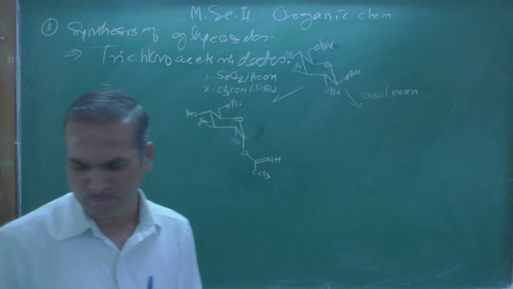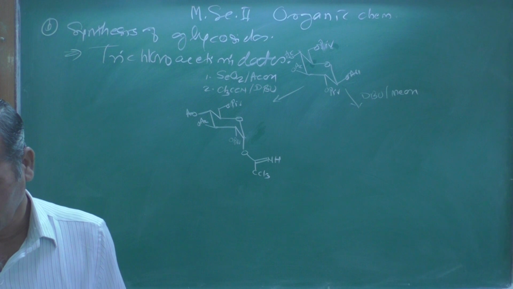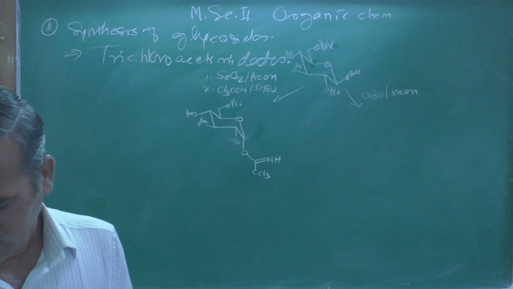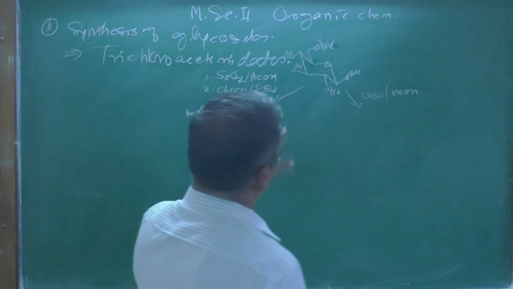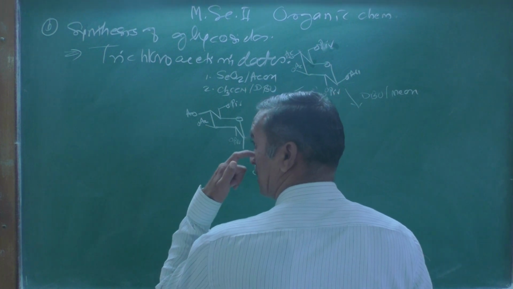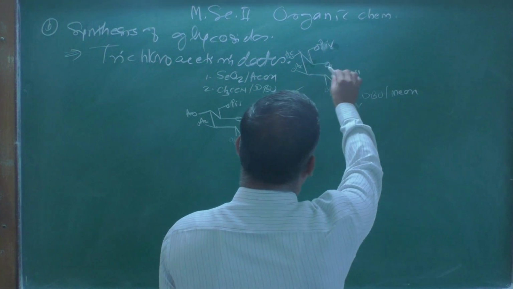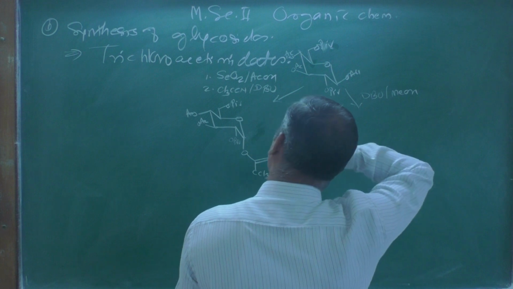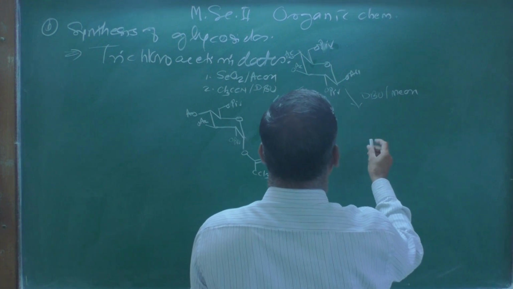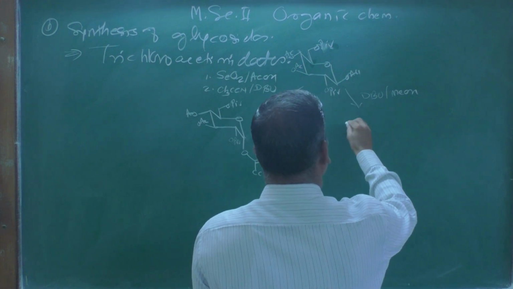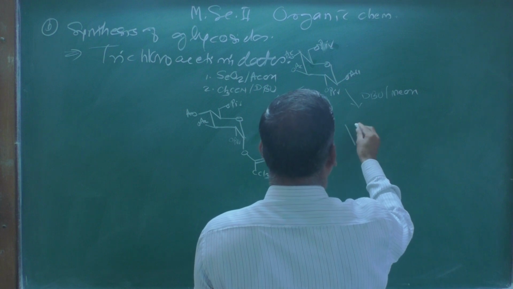The resulting compound obtained is where neighboring group participation occurs, and this acetyl group gets converted selectively at that position.